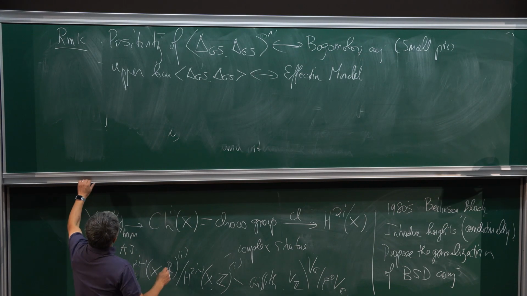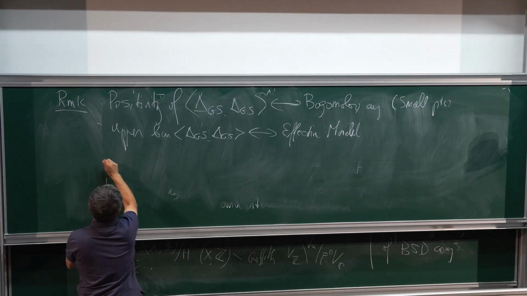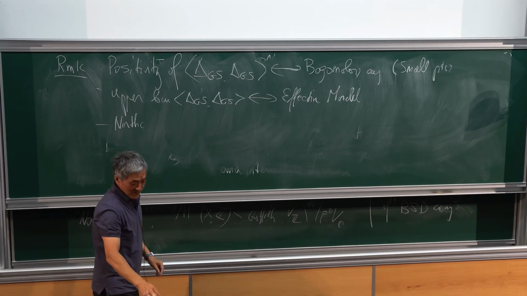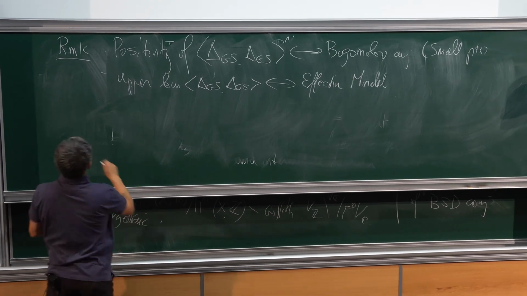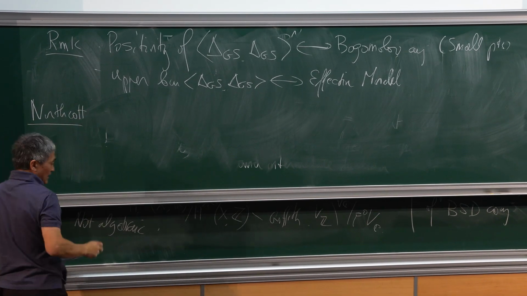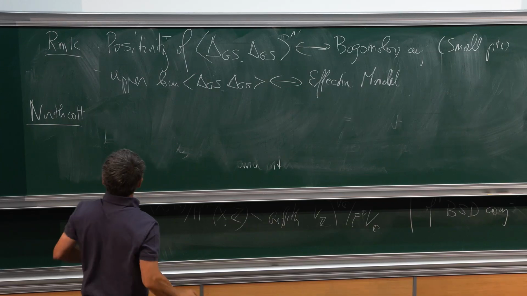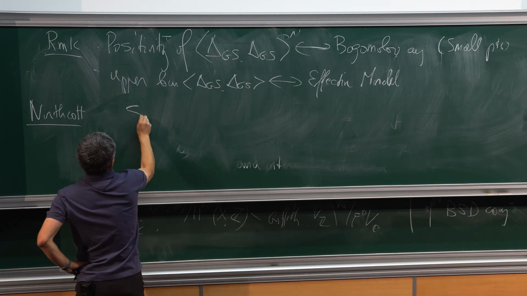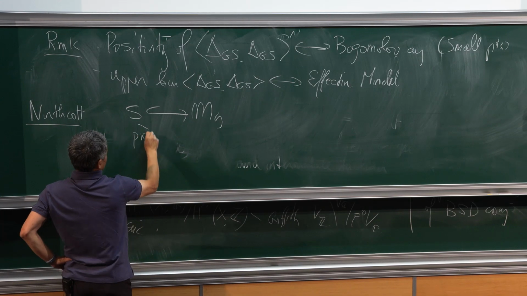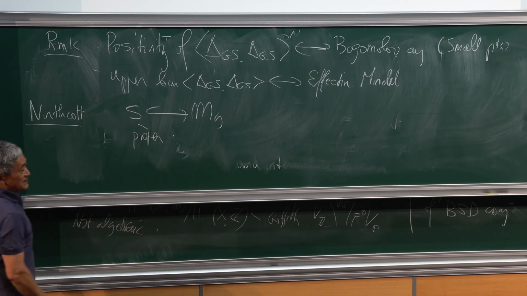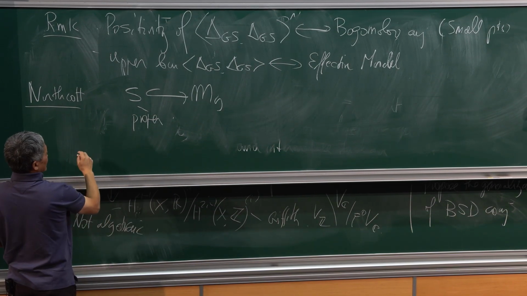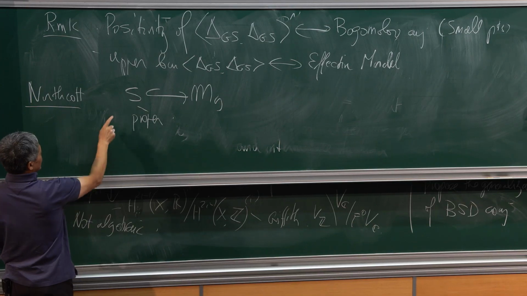From my work itself, another consequence, we have a Northcott. Now we talk about Northcott property. So the positivity we don't know, but from this work, it's pretty clear if S is inside Mg, and if this is a proper subvariety, then Northcott holds.